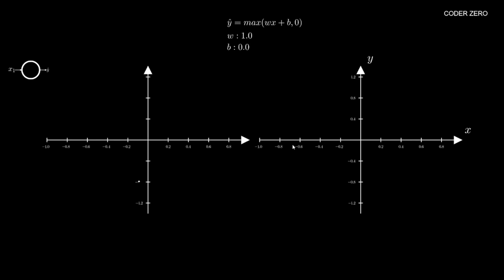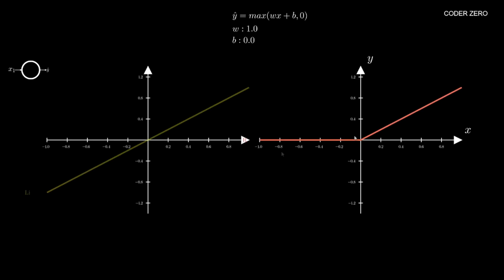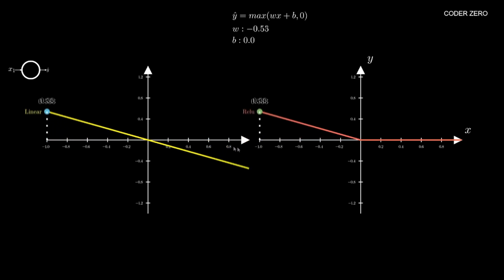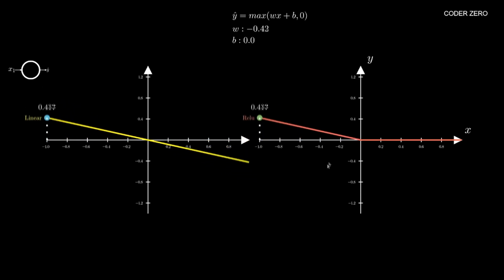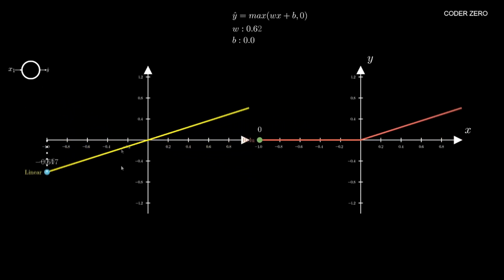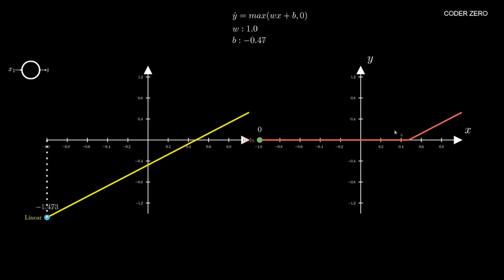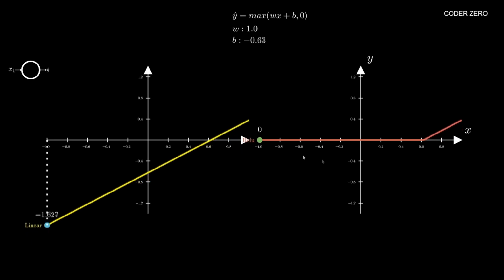Now let's have a look at the behavior of these two equations when we change weight and bias. As you can see, when we change the weight, this is the effect on both the equations. So this is without ReLU and this is with ReLU, and when we change bias, this is the effect on these two equations.